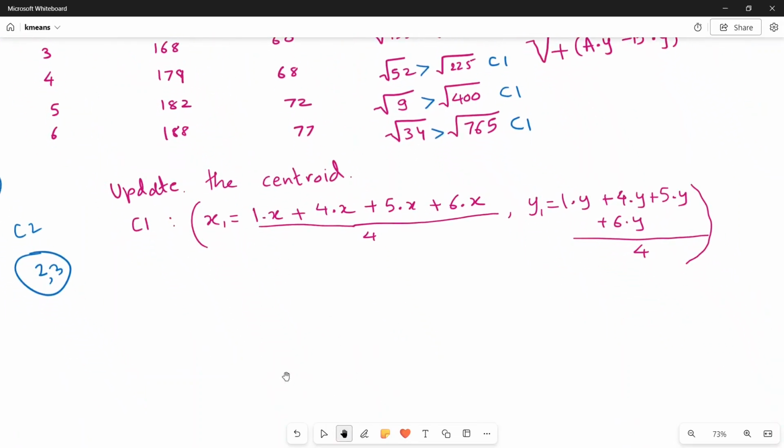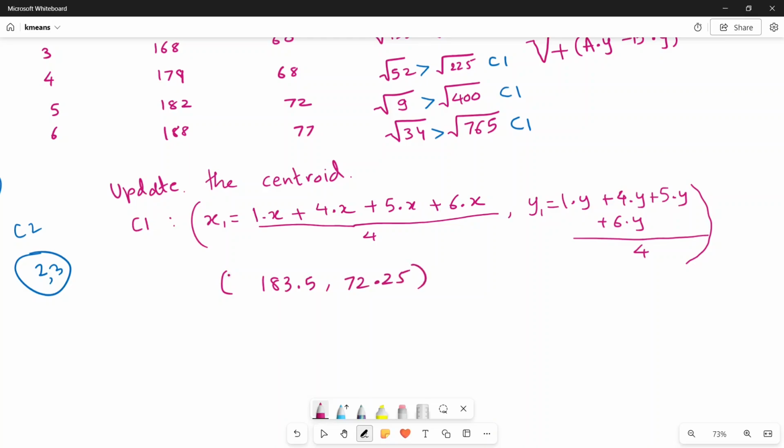So now if we calculate this, this will come out to be 183.5 and 72.25. So this is our new centroid.